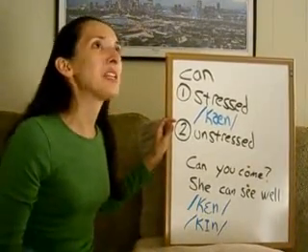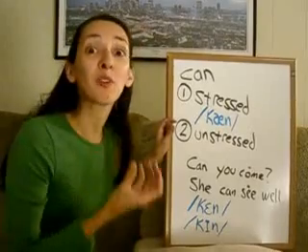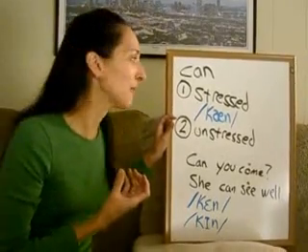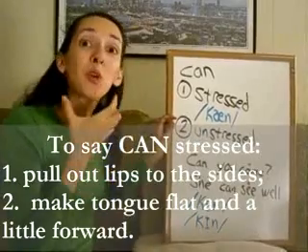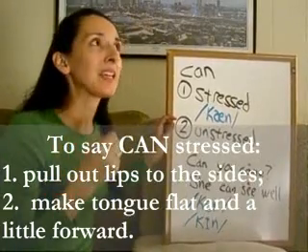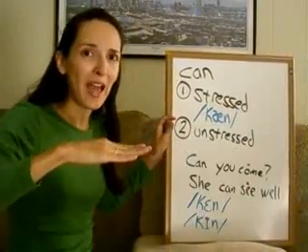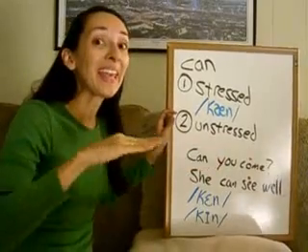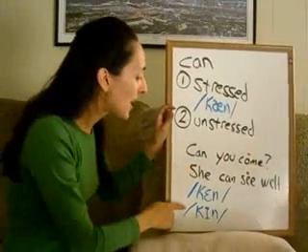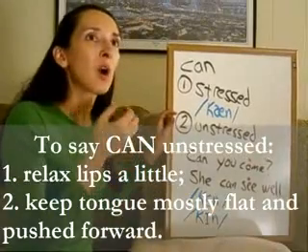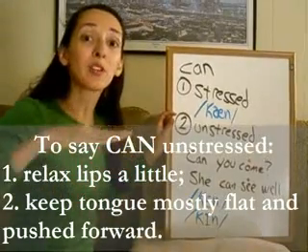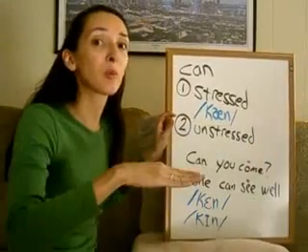What also may help is to understand how you move your lips and your tongue. The stressed can makes you pull your lips out, and your tongue is rather flat and pushed forward. Can. When it's unstressed, using this first pronunciation, your lips are slightly more relaxed, but your tongue is still flat and pushed forward.